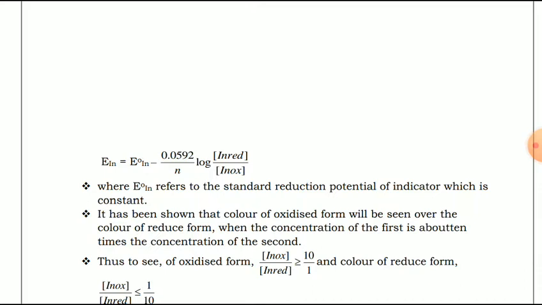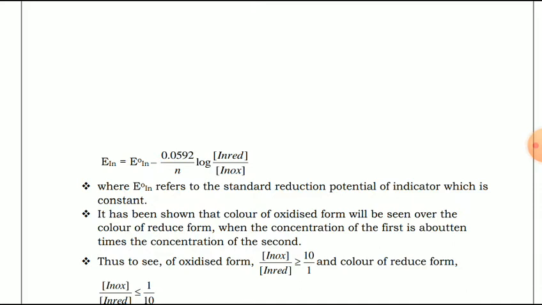This is the Nernst equation for the indicator: E_In, the electrode potential of the indicator, is equal to E°_In, the standard electrode potential for the indicator, minus 0.0592 upon n, where n is the number of electrons involved in the reaction, times log to the base 10 of the concentration of indicator in reduced form upon the concentration of indicator in oxidized form.